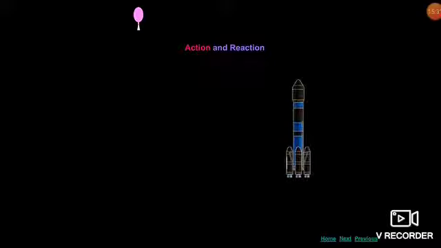Now if we go to another example, there is one rocket. The rocket is going up because the exhaust gases are applying force in the downward direction, as you can see, and the rocket is going in the opposite direction.